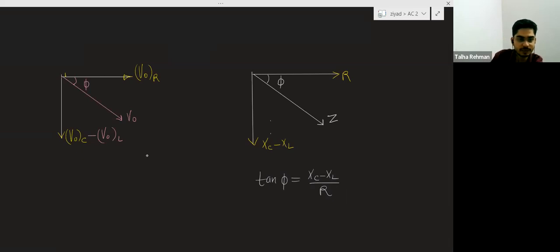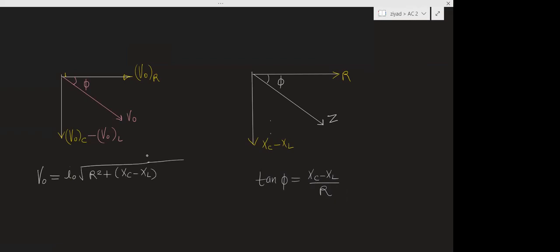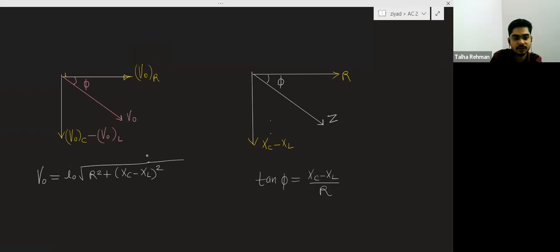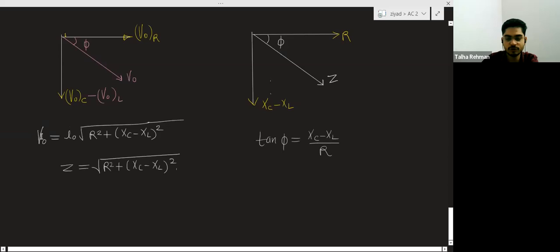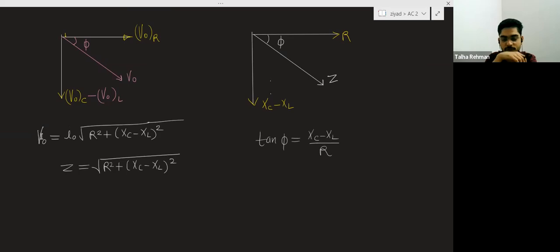And from here, if you calculate the resultant voltage V naught, you will get I naught into the square root of R square plus XC minus XL square. So the impedance Z of this circuit will be the square root of R square plus XC minus XL square. I naught is the peak value of the current, and V naught is the peak value of the voltage.